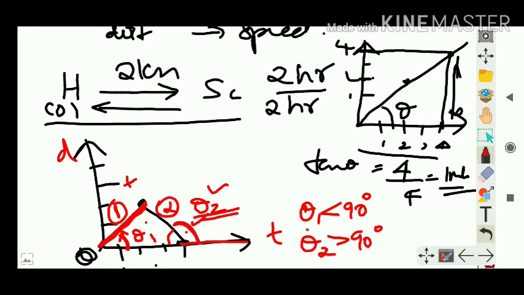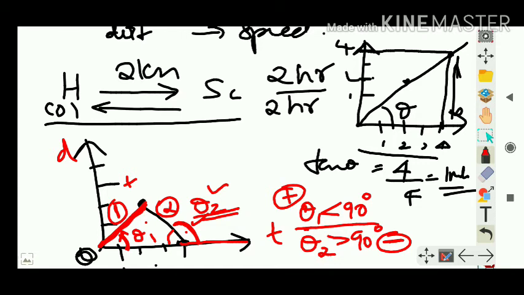If the angle theta of the slope is less than 90, then the velocity is positive. If the angle is greater than 90 degrees, the velocity is negative. Keep that in mind, or you can write it on paper.